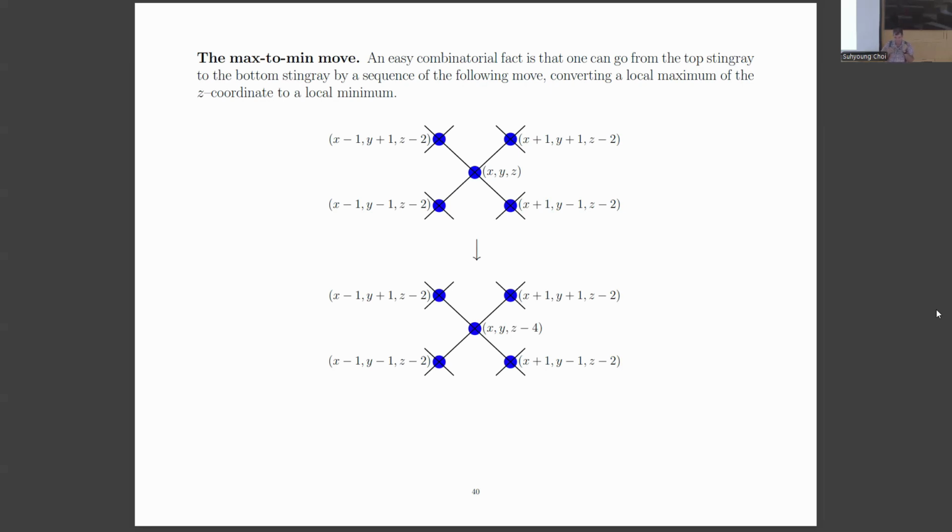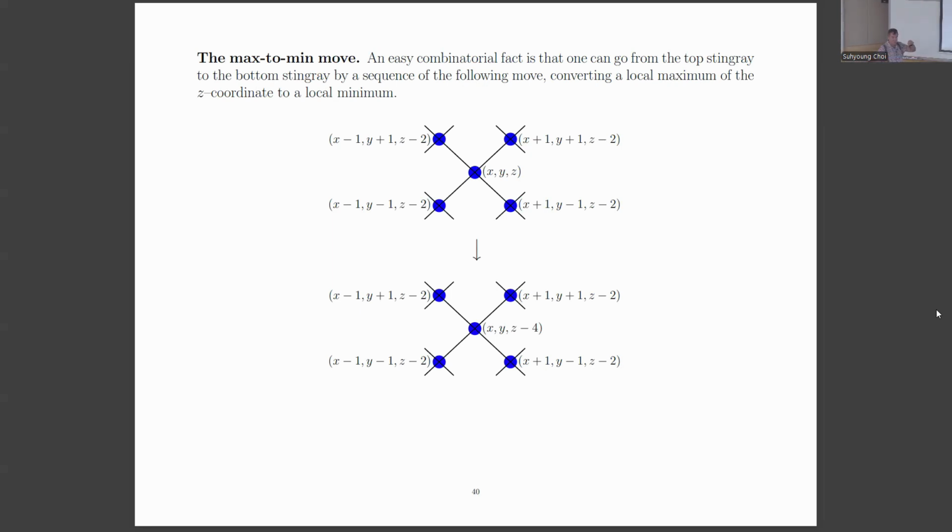Okay, now let's try to think. If I have a local maximum for the z coordinate here, you remember that I can only go up or down by plus or minus 2. So if it's a local maximum, the z coordinate at all the nearby points has to be z - 2. And these are the xy coordinates.